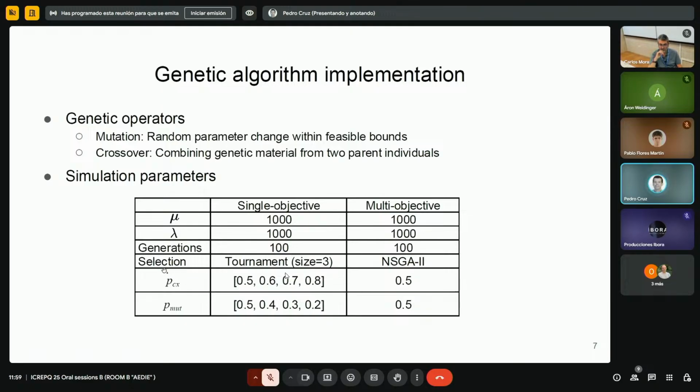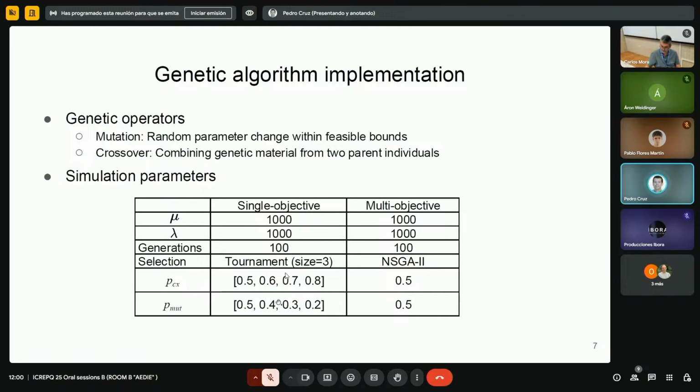The selection process to obtain the next generation is different for single and multi-objective. The tournament is a typical method used in the single objective, and for the multi-objective, we have used the NSGA, that is the non-dominated sorting genetic algorithm, also typically used for multi-objective problems.